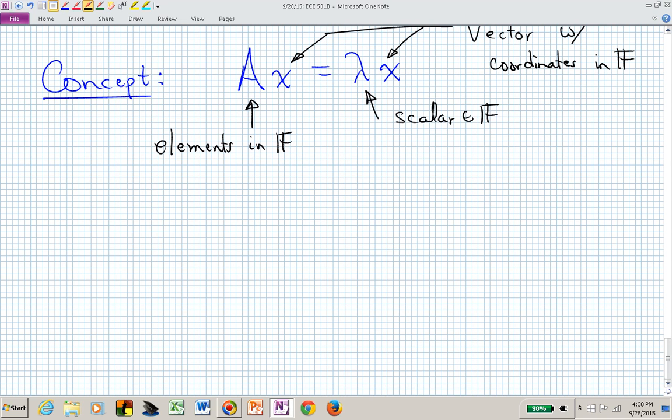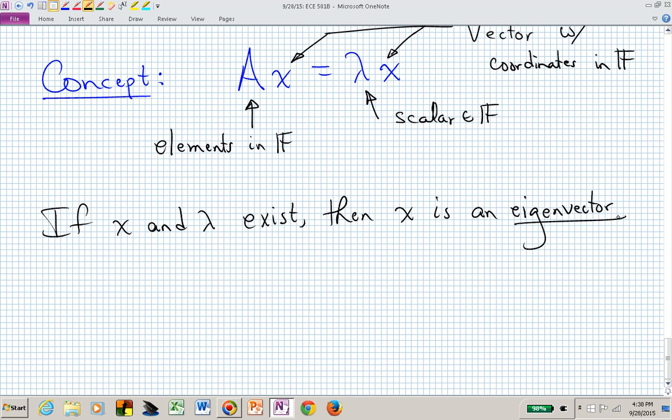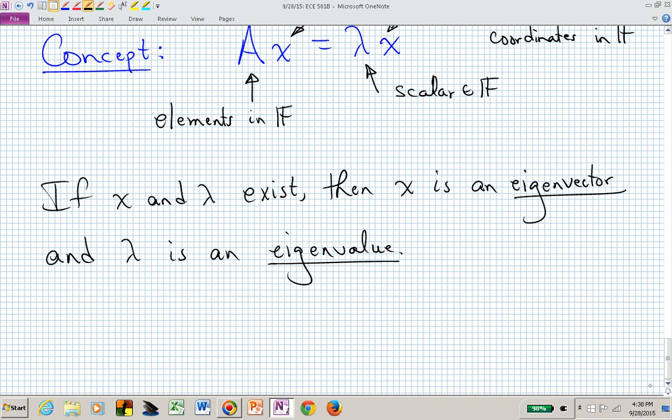If we have this equation satisfied, Ax equals lambda x, if x and lambda exist, then x will be called an eigenvector, and lambda is an eigenvalue with respect to A. So with respect to this A, which is a matrix representation of some linear operator, we've now identified an eigenvector and an eigenvalue for that matrix A.